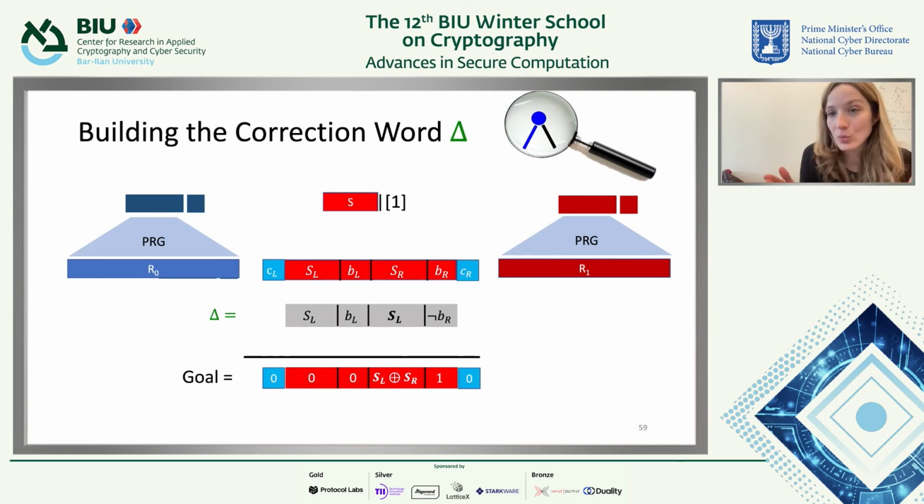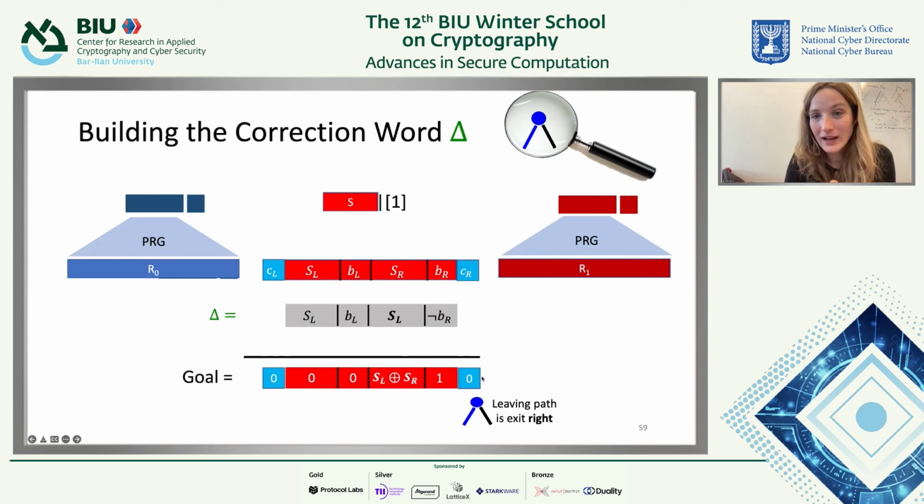Here, I don't want a 1 on either left or right. Why? Well, on the left, I don't want a 1 because I'm continuing on the path. And here to the right, even though I'm exiting the path, I don't want a 1 because I'm leaving the path to the right. That means this input X is too big. It's bigger than alpha. I do not want a 1 in the final outcome. So in this case, I'll put just the same bits here so that we zero these values out. And this is exactly the new construction.